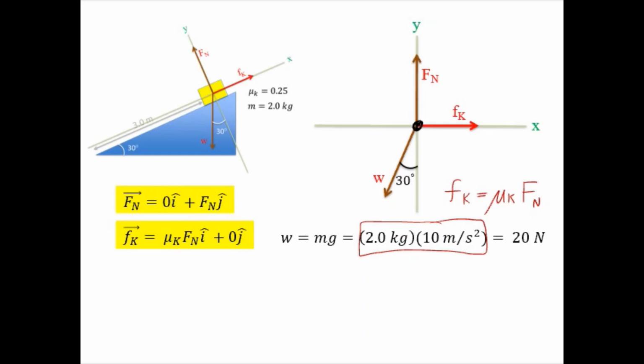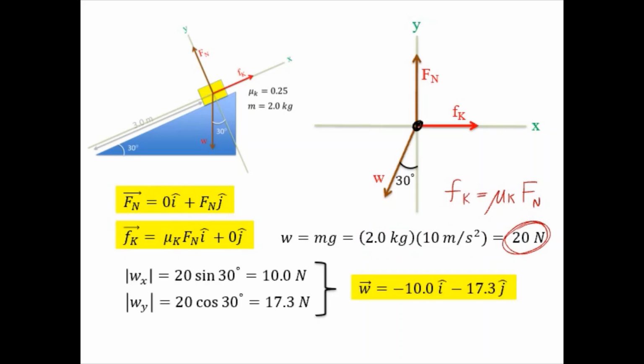So if we estimate g is 10 meters per second squared, a 2 kilogram object would have a 20 Newton weight on the surface of the Earth. And so now we know the size of W, and if we flip-flop our sine cosine rules, we know the size of the x component for W is 20 times sine of 30 degrees, and that of course gives me 10, since sine of 30 degrees is 1/2. And then we take 20 times cosine of 30 degrees, and we get 17.3 newtons for the size of the y component. Now we just have to get our signs right.